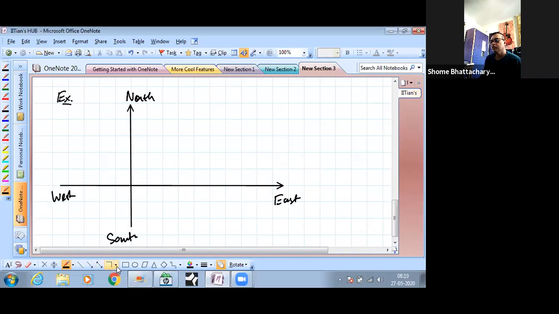Then, in that, let's say we have defined one particular vector which is, let's say, like this. Another vector, let's say, like this. And another vector, let's say, like this.